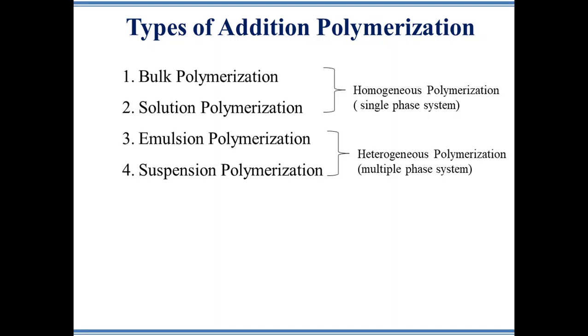The term homogeneous or heterogeneous refers only to the initial condition of the system. For example, emulsion and suspension polymerization involve hydrophilic and hydrophobic reactants in the reaction mixture, which makes the reaction mixture heterogeneous, whereas bulk and solution polymerization take place in one phase, therefore are called homogeneous polymerization.